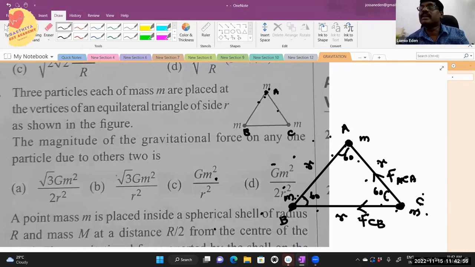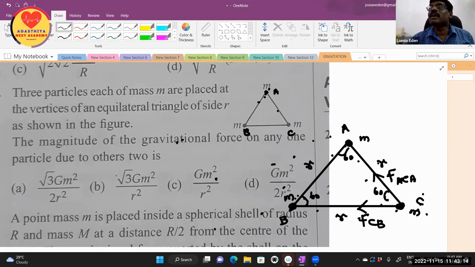I think you have studied in the previous chapter, the first chapter, motion in a plane and motion in a straight line, the law of parallelogram of forces. The resultant of two forces using the law of parallelogram of forces. Can you tell the formula?